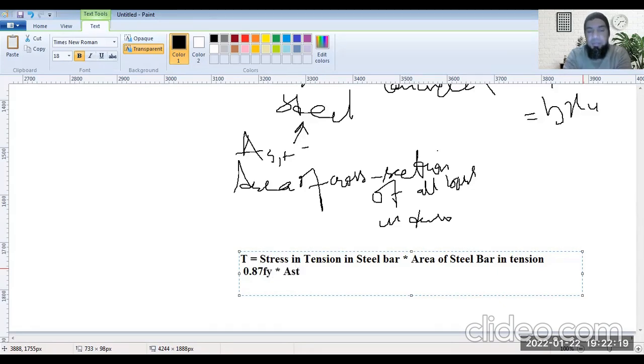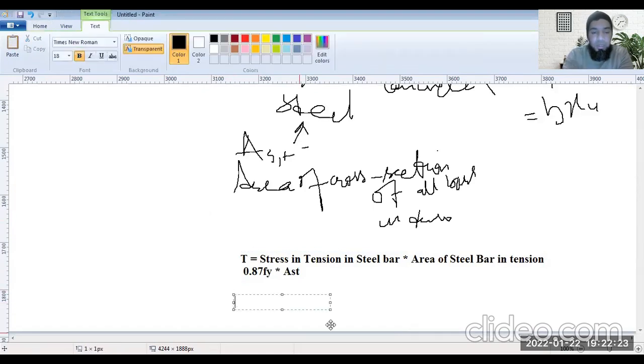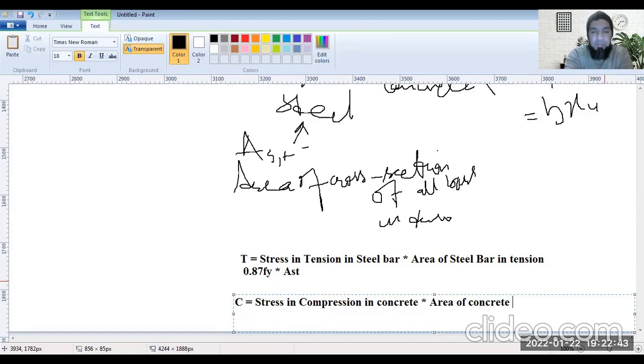AST. I hope you are understanding this. If not, do tell me. What is C? Stress in compression in concrete into area of concrete in compression.